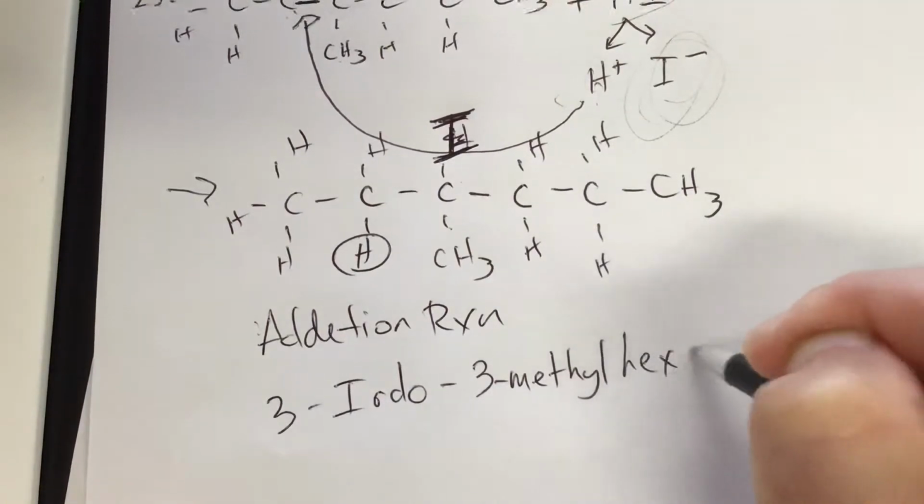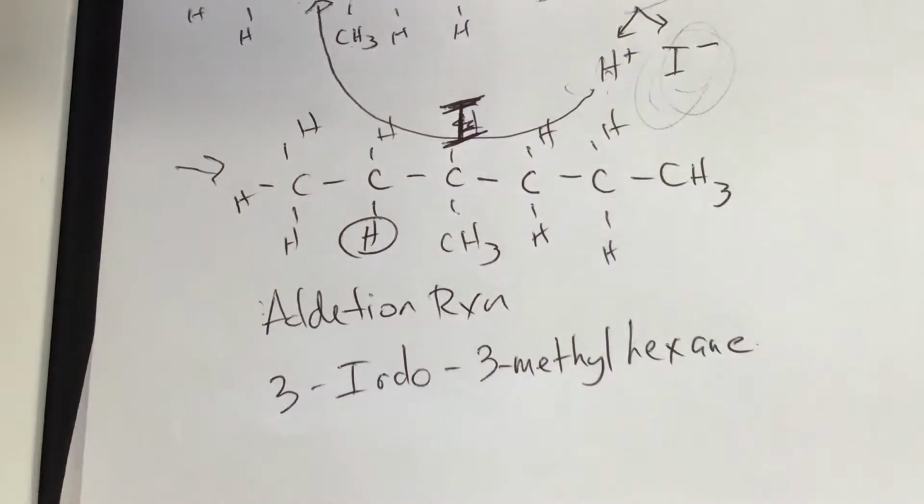So we took hexene, an alkene, and we reduced it down to a hexane, an alkane, so that we could add a halogen to it at the double bond.